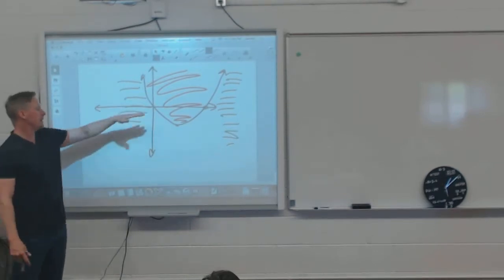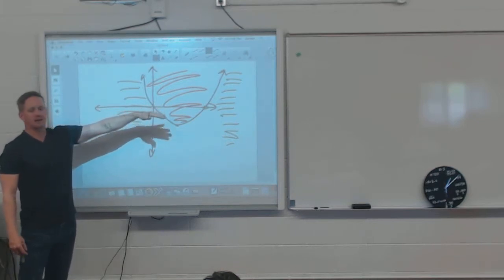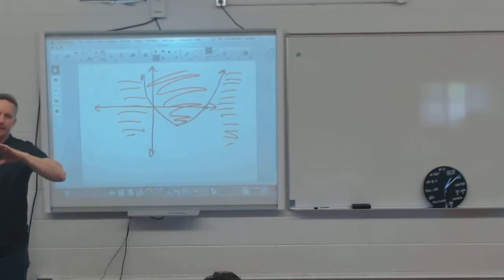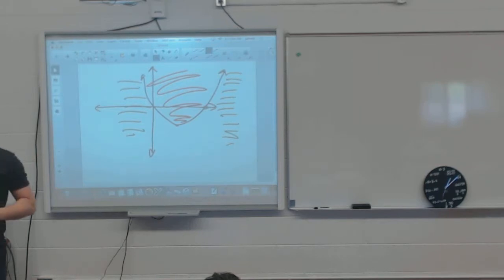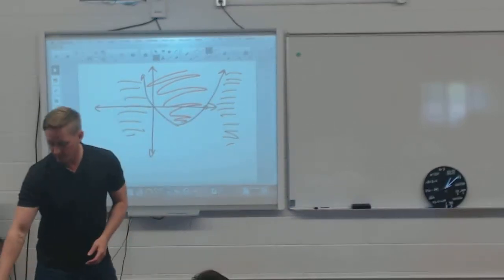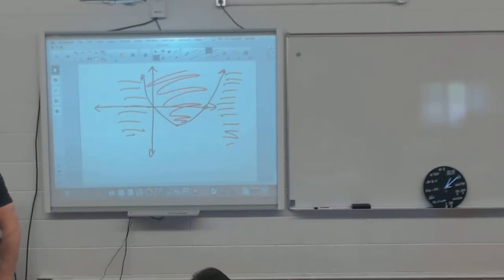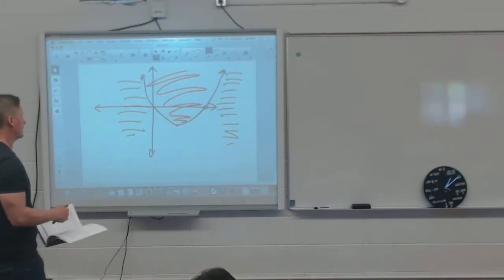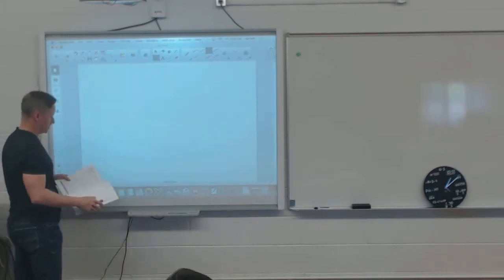So what we do is we work with the x-axis and the intercepts to find out whether or not I have to shade between them or on one side or the other. So it actually works out fairly easily. Okay? So let's open up and I'll show you how this works.